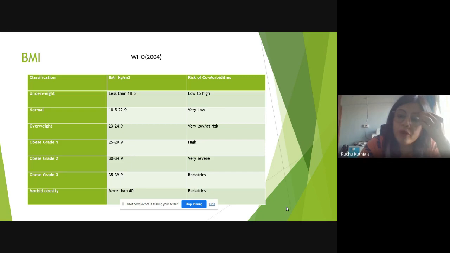As we all know, our body is made up of lean body mass, which is muscles, which also includes your organs, and the fat percentage, which is the essential fat under your skin and also surrounding the organs. Their major job is to provide insulation.